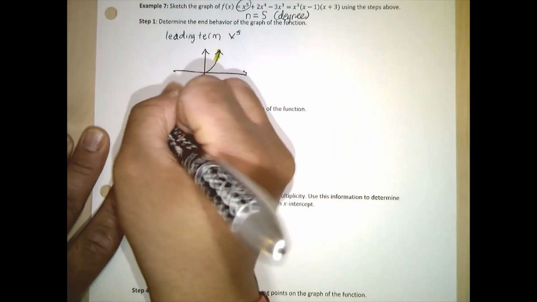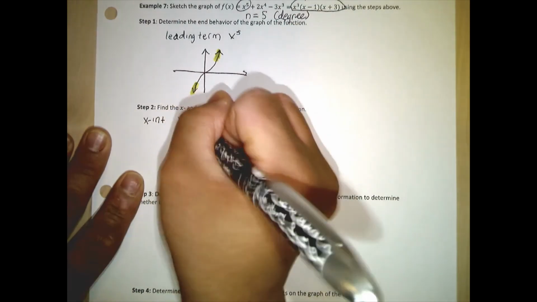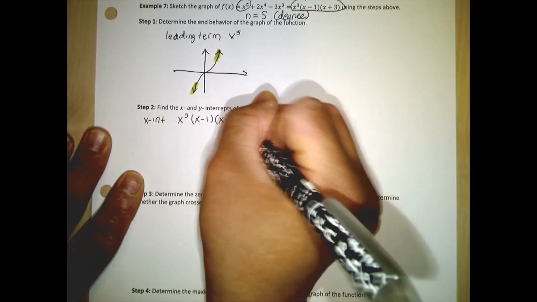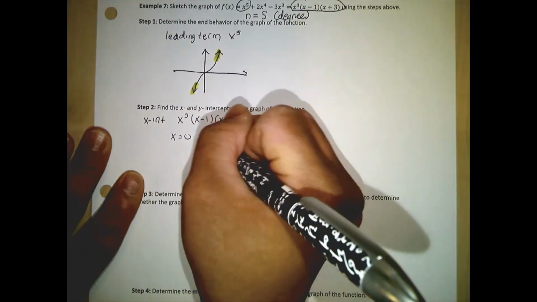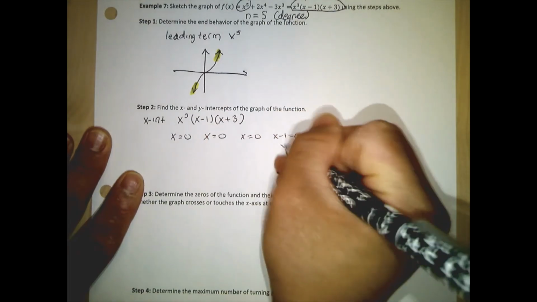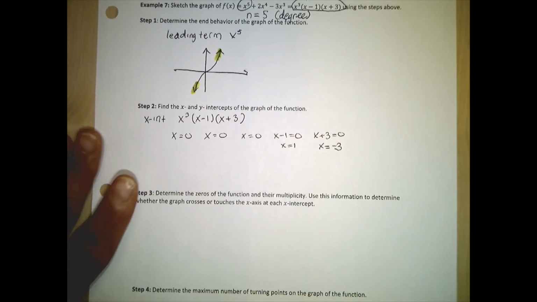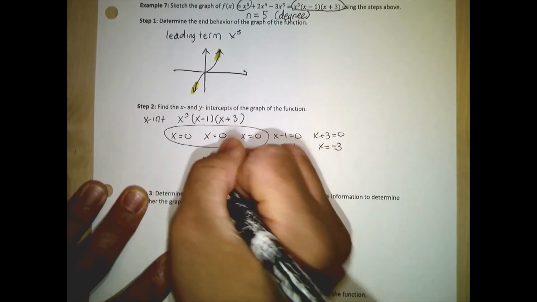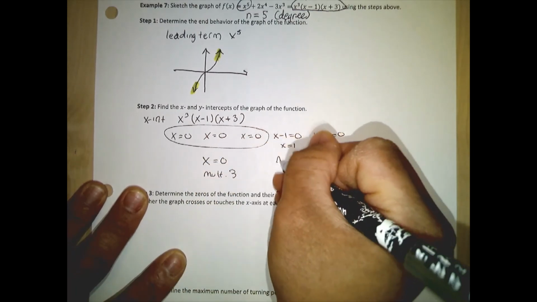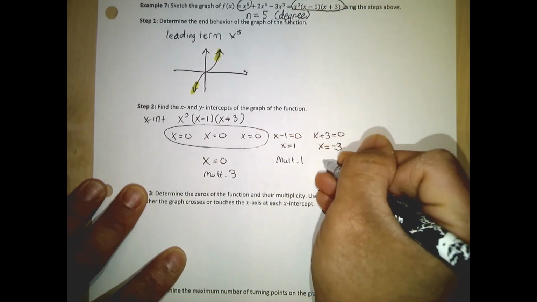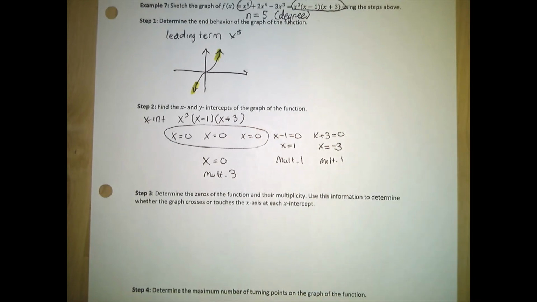For the x-intercepts, we see that this is already factored for us. So we have x to the third, x minus 1, x plus 3. So x equals 0, x minus 1 equals 0, so x is 1, x plus 3 equals 0, so x is negative 3. So we have x equals 0 with multiplicity 3, x equals 1 with multiplicity 1, and x equals negative 3 with multiplicity 1.